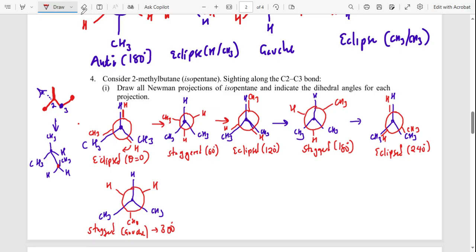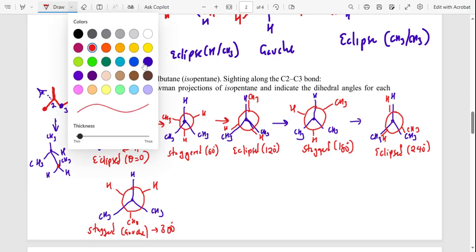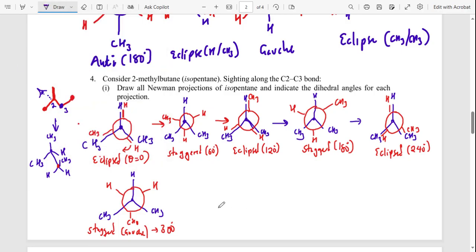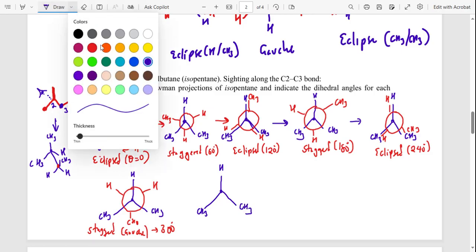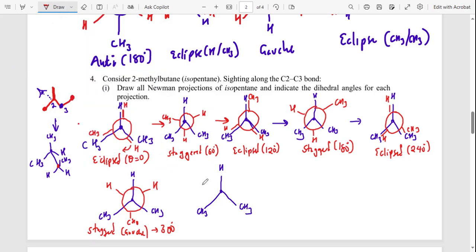And then we are remaining with the last structure, another rotation. The carbon here in front will still be the same, hydrogen on top, CH3 here, and then CH3 here. And then the carbon at the back, another rotation.